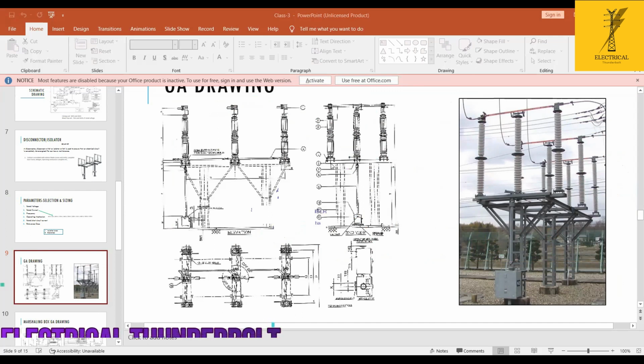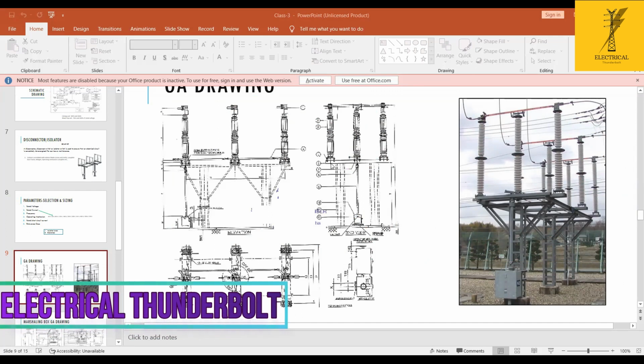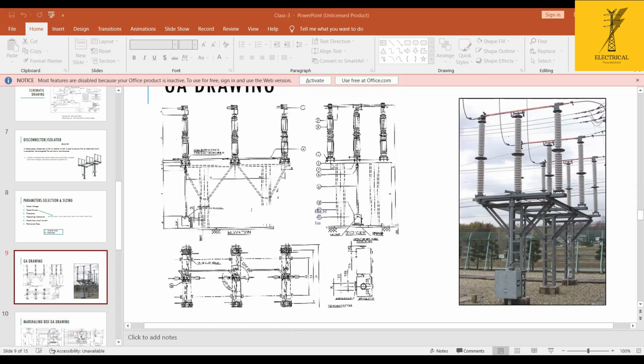For 33 kV the minimum is 450 mm, and for 220 kV with a BIL level of 1050, we can see 2 meters. So we have to consider all these things to review whether he is satisfying the clearances or not.